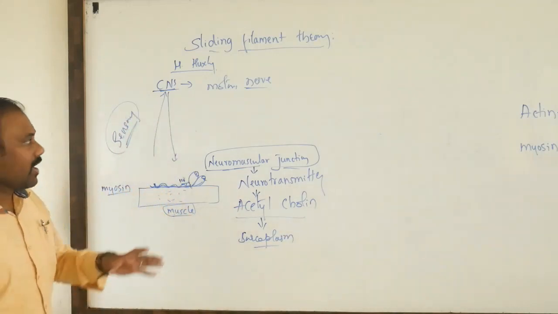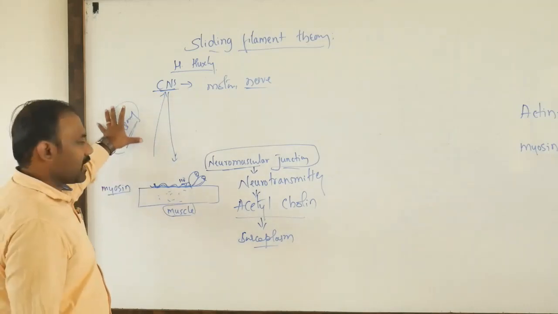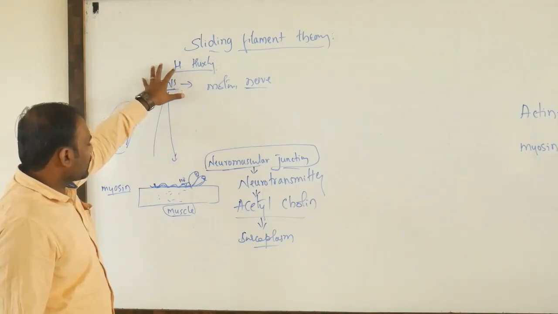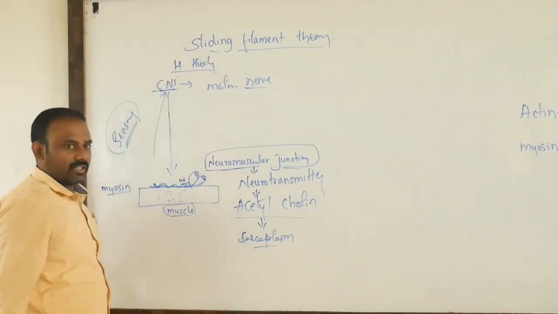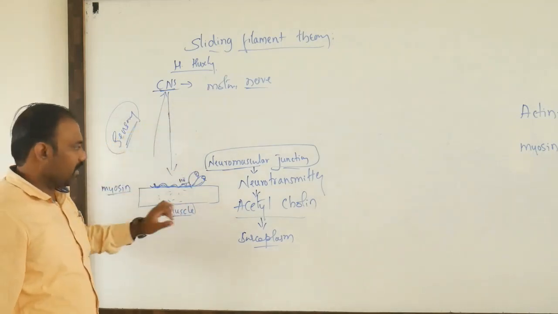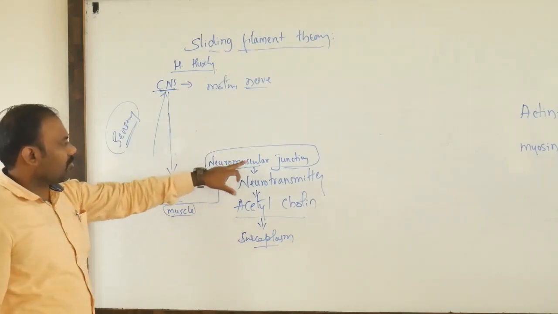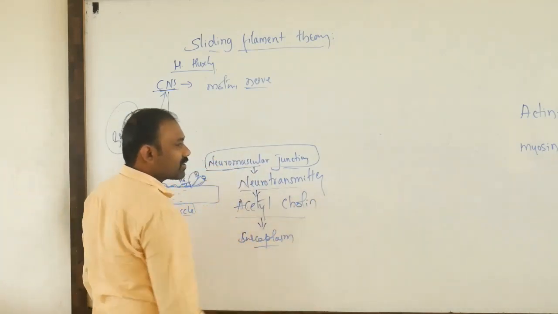See, getting my point? First, we need to send information to the CNS in the form of a sensory neuron. In reverse, the central nervous system sends information to the muscle in the form of a motor neuron. Now, the junction between neuron and muscle is called the neuromuscular junction. That neuromuscular junction works through a neurotransmitter.